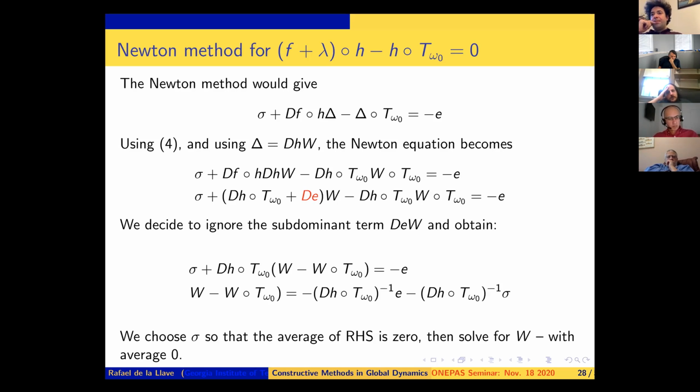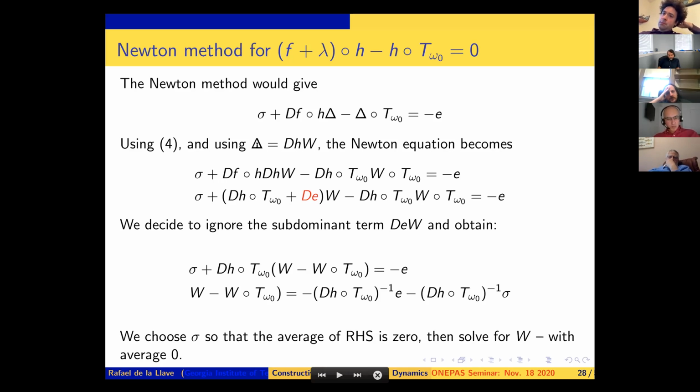Okay, so that's the Newton method, and then you say, but you're cheating me. This is not the cohomology equation that you were telling me, because this depends on the places that you were doing. But on the other hand, I can use this equation that I have been taking away, by taking derivatives, right? And then you write delta is equal to dHW. So this is my new equation.